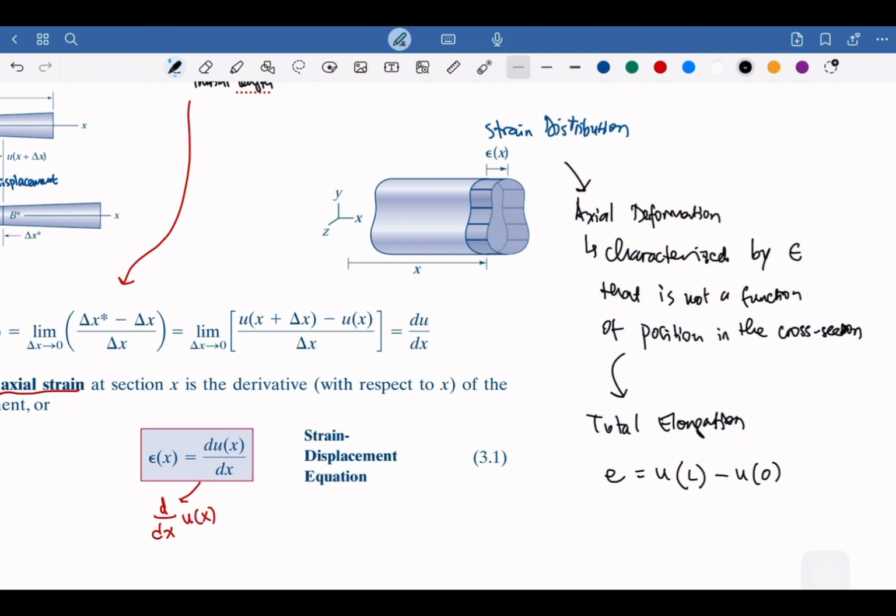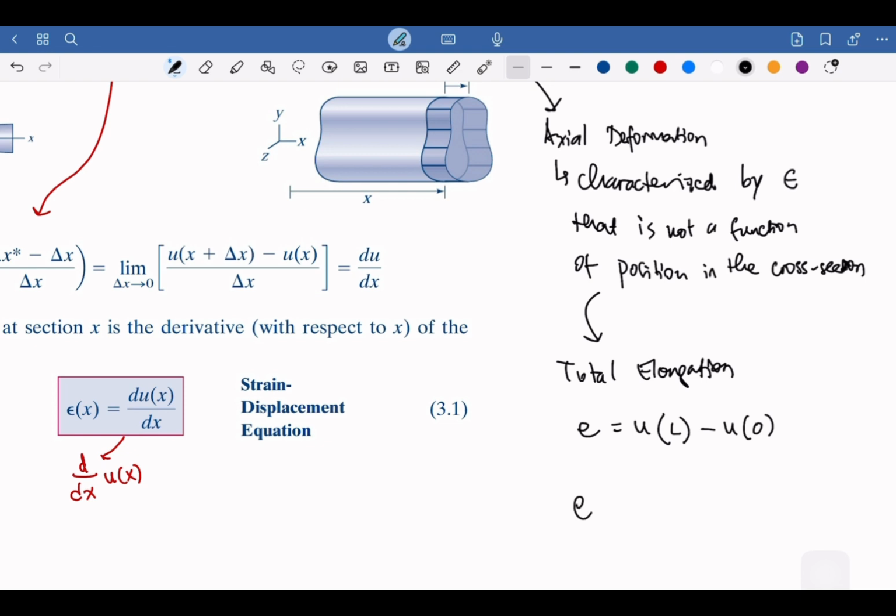And then if we take the sum of every change on every small increment in the member, for the entire length, let's say at length L, we get the integration formula, from 0 to L of the axial strain function, which is basically the same thing.